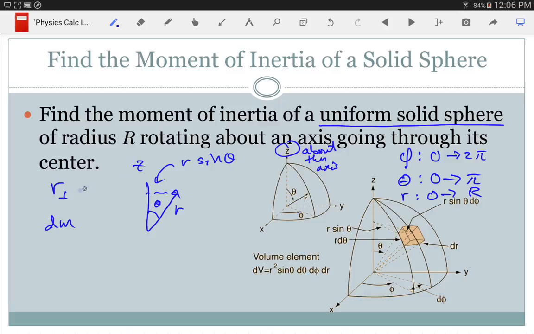And so my r perpendicular is r sine theta. dm, three-dimensional, let's just go with the basics. It's always safe to say rho dv.